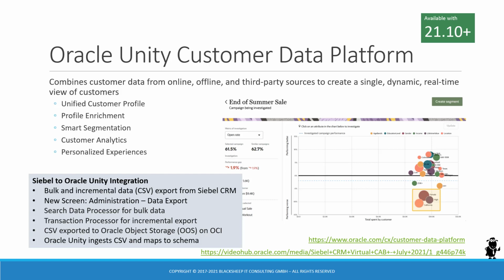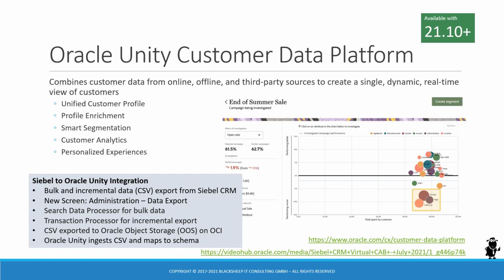The infrastructure being the Siebel Search functionality, so the support to define search engines, which can index data. And the search data processor is the business service that is used for bulk and incremental export. The incremental export is facilitated by the transaction processor component, which is part of Siebel Remote.